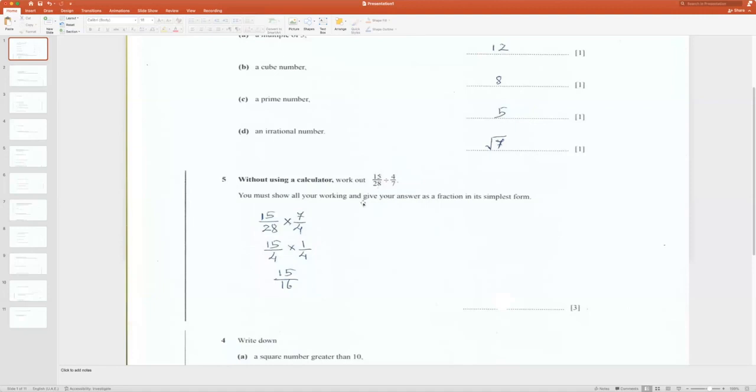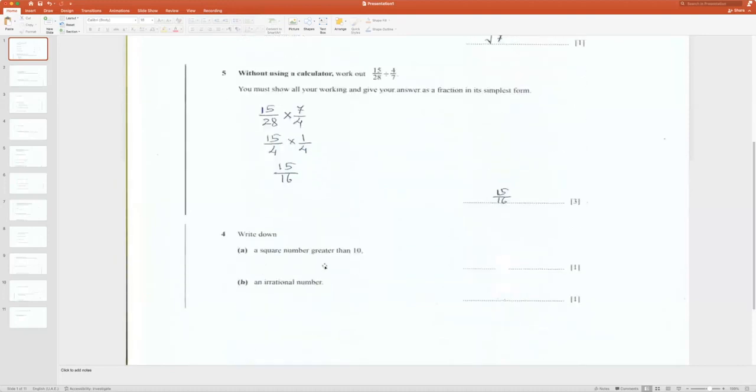So 15 over 28, then multiplication, then the reciprocal, 7 over 4. We can simplify: 7 times 1, 7 times 4. So 15 into 1, 15, 4 into 4, 16. So 15 over 16, and we have to give it in simplest form. We cannot simplify this, so the answer is 15 over 16.